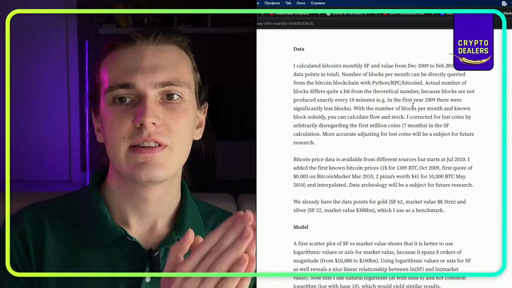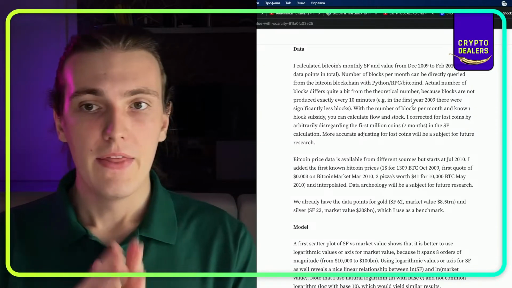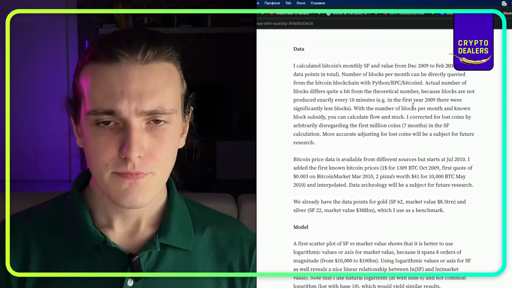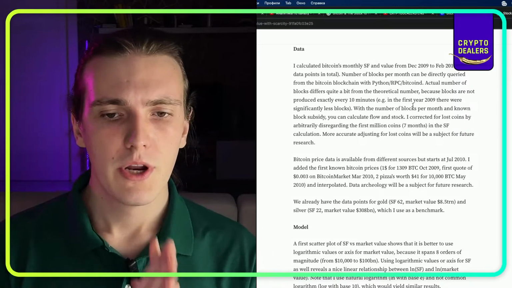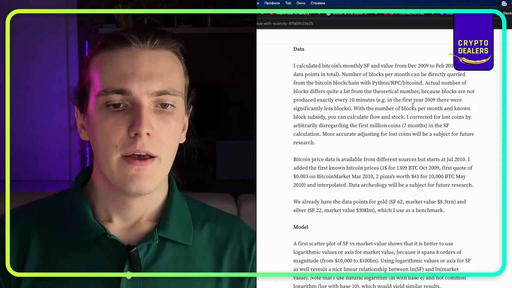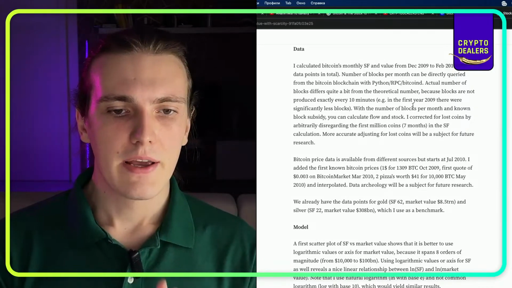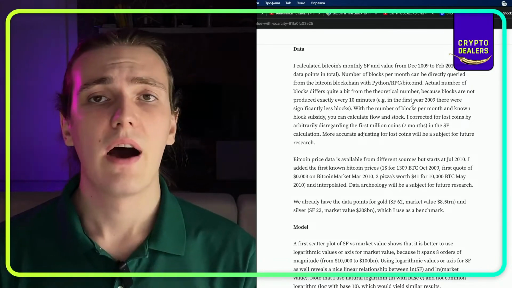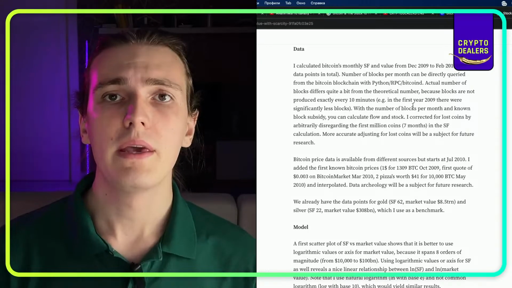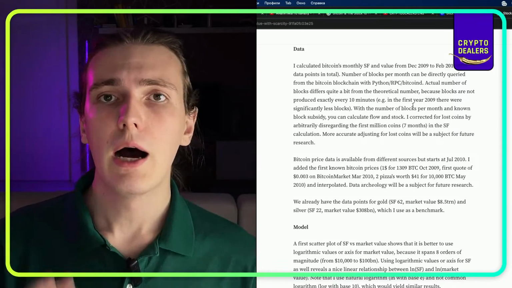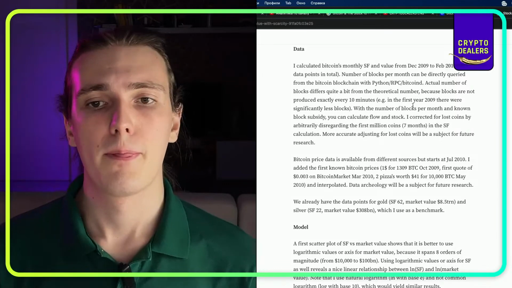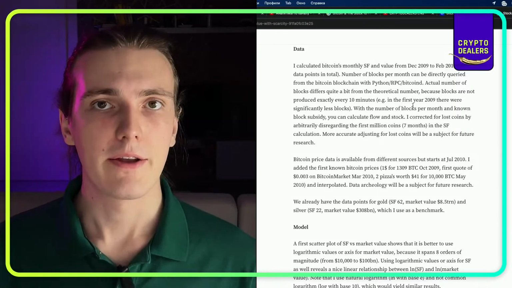So it was actually the same as silver. And this was 2019. And what the author of this article was talking about is that having an SF of 22 to 25 now will mean that every halving that we're going through will double up the SF for Bitcoin. And that is logically correct.